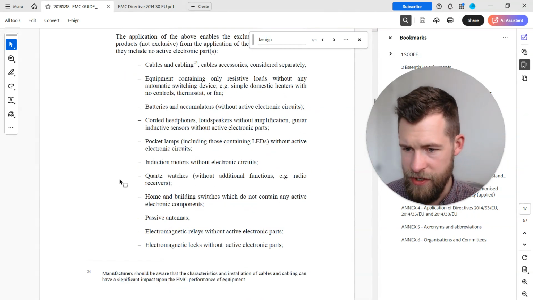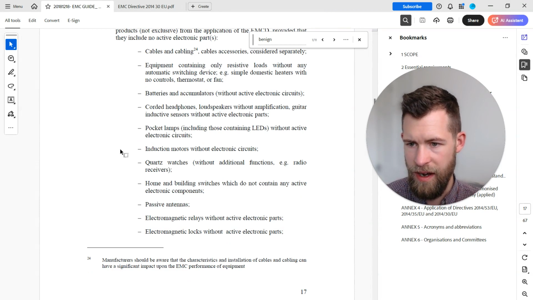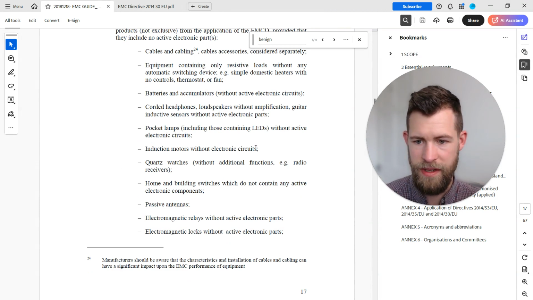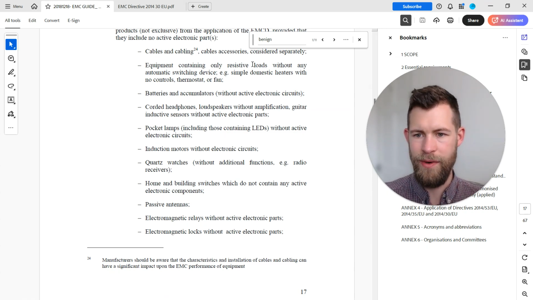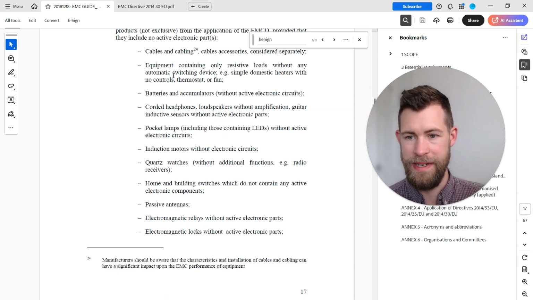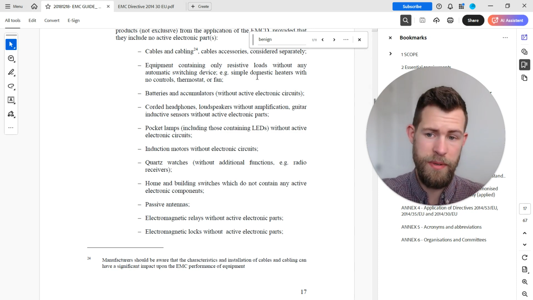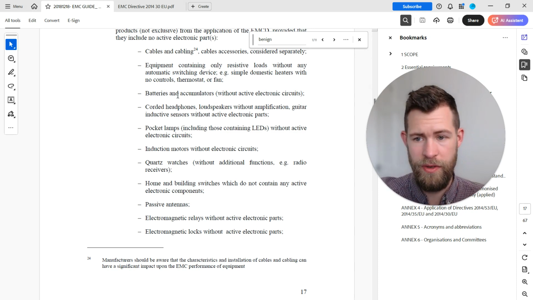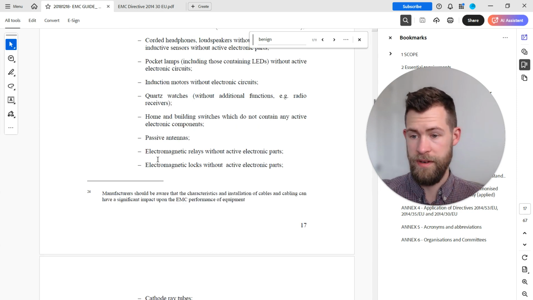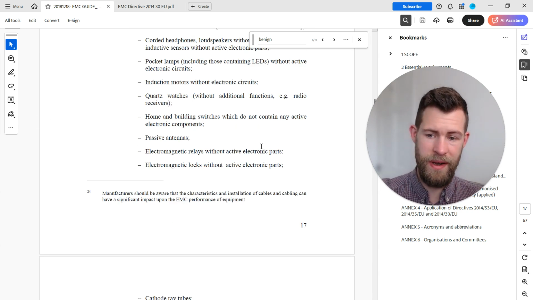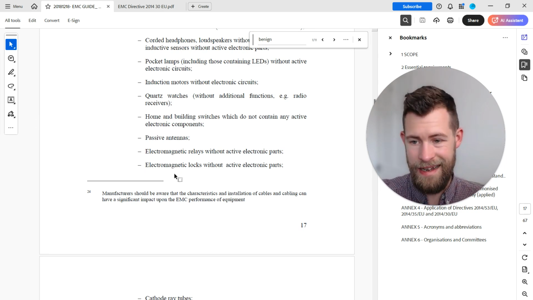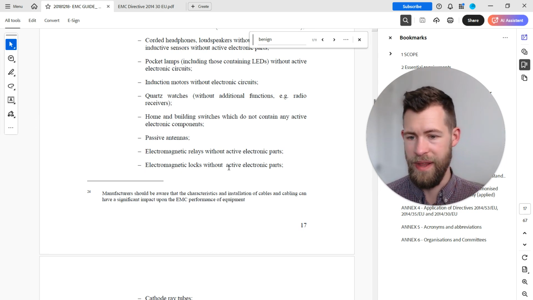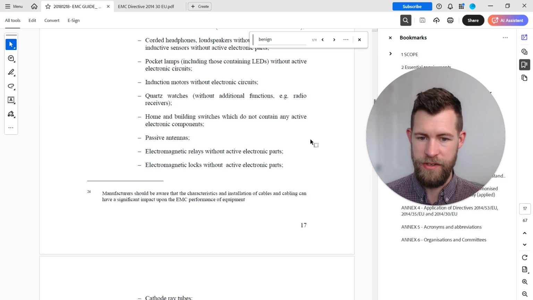Some of the things that are interesting in here are induction motors without electronic circuits, equipment containing only resistive loads without any automatic switching devices. Their example here is domestic heaters with no controls, thermostats, or fans. And we've also got electromagnetic relays without active electronic parts, or electromagnetic locks without any active electronic parts.